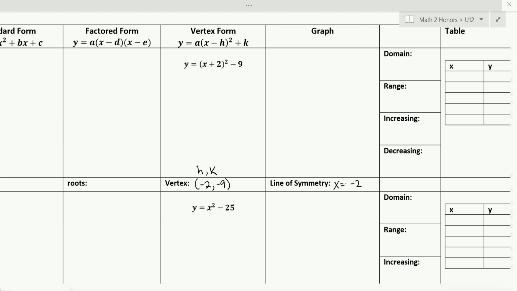So we have that. I'll start to draw what we're having here. So -2 is the middle, so I'm shifting everything a little bit to the right. And -2, -9.